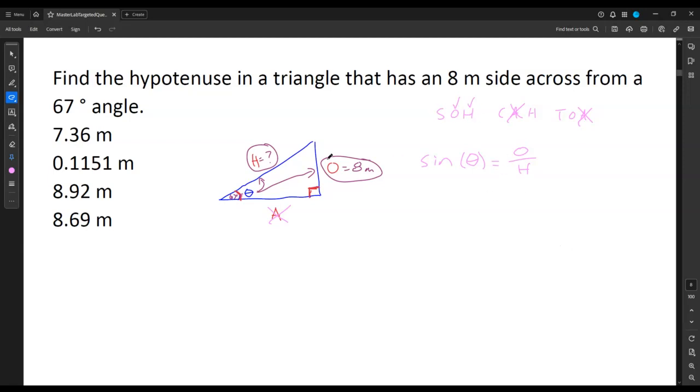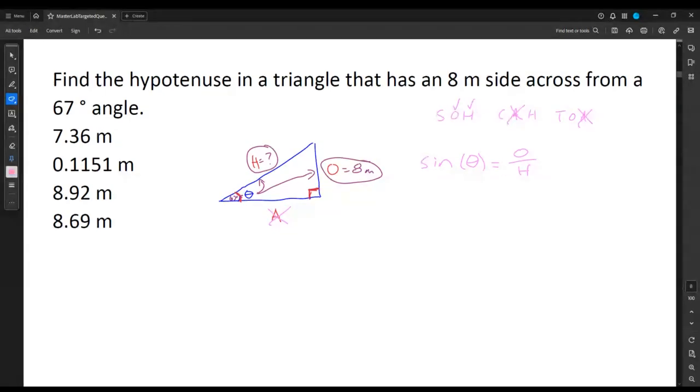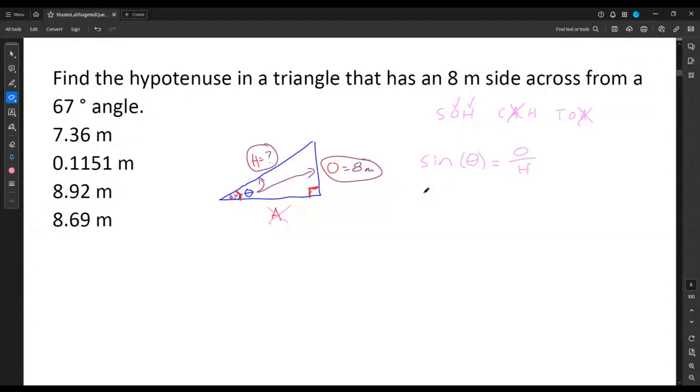So that's our function that relates to this funny word right here. And then when we start to plug into it, we're going to commit to the sine function. We're going to keep using sine for the rest of this question. We don't mix and match with these. Then theta is the angle. We are told that this one is 67 degrees. Then the opposite side length was 8 meters. And then the hypotenuse is just h. That's what we're looking for.